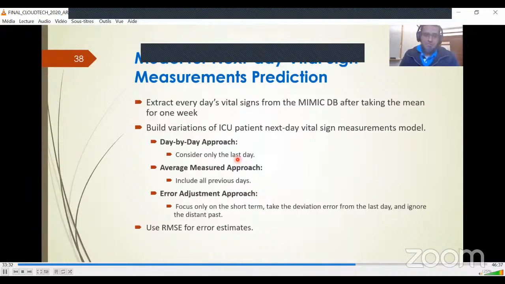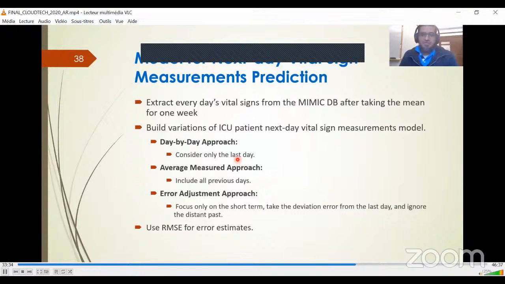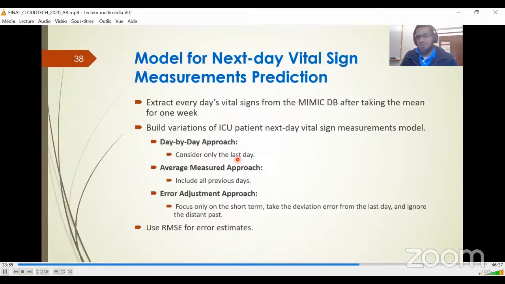The second approach is average measured, which includes all previous days. So to predict the vital signs for the 3rd day, we'll include the mean of the vital signs in the first and the second. The error adjustment approach is the same as day by day, but we'll consider only the last day, and also we'll take the deviation error from the last day.